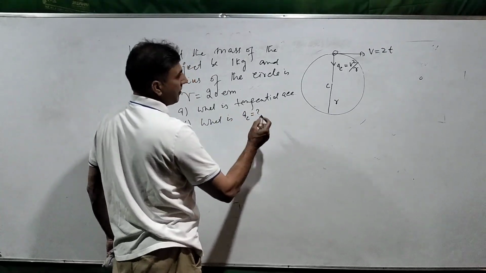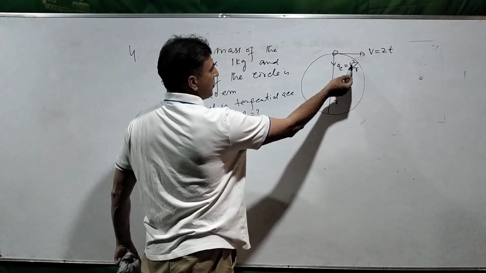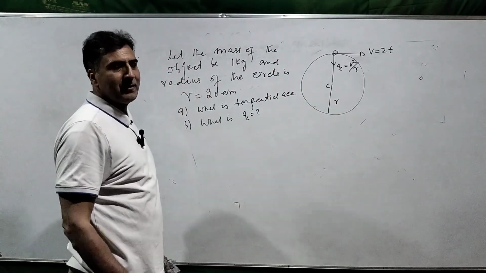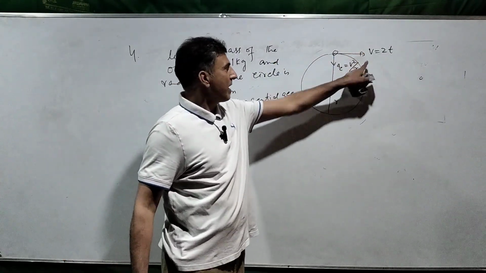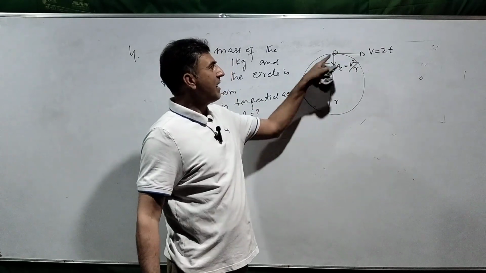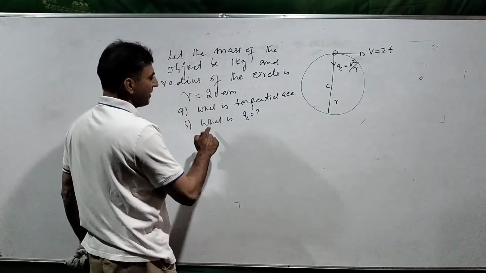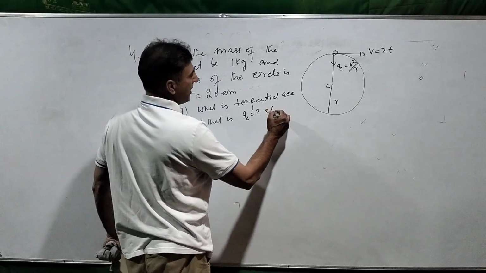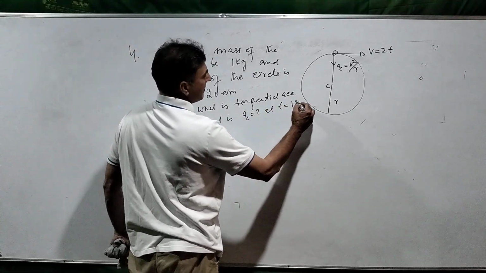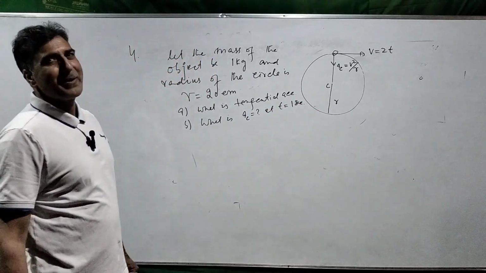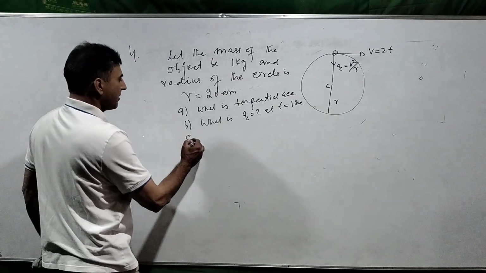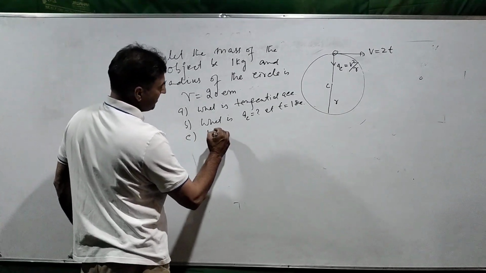AC. मगर वो तो चेंज हो रहा है, जब स्पीड चेंज होगा तो एसी भी चेंज होगा। देखिए ये स्पीड चेंज हो रहा है तो एसी भी चेंज होगा with time because speed changes. So therefore I should make the question, what is AC at t is equal to 1 second. इसको 1 second पर निकालना पड़ेगा. C, what is net acceleration?